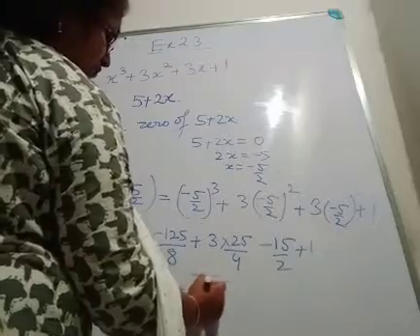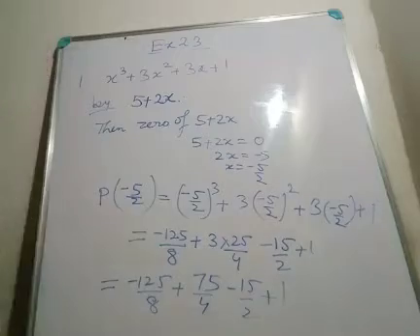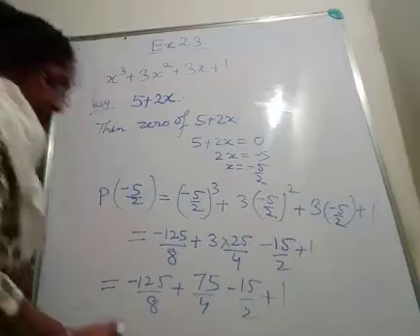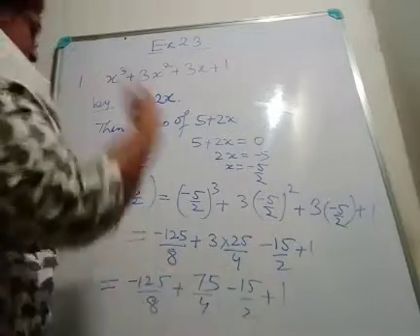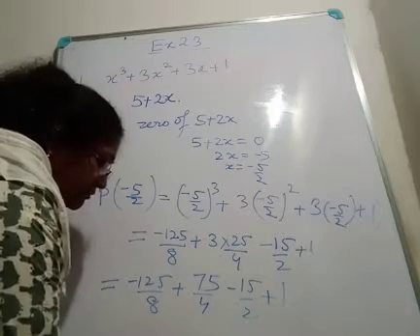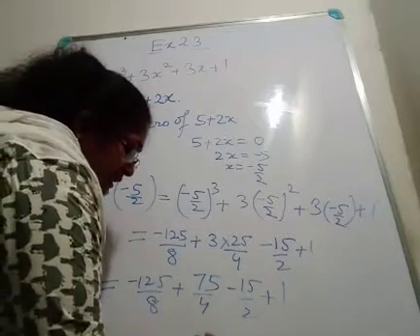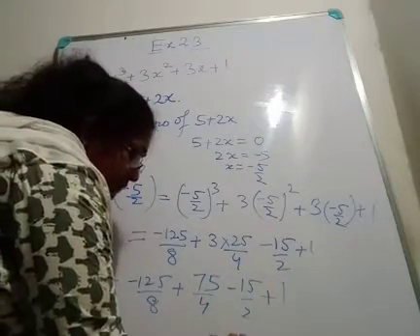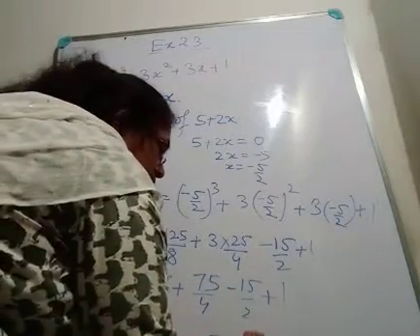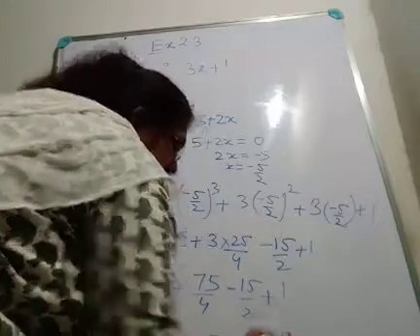3 25s are 75 by 4 minus 15 by 2 plus 1. Okay students. Eight is the LCM of 8, 4, 2. So write minus 125 plus, multiply 75 with 2, we will get 150. Multiply 15 with 4, we will get 60, and multiply 1 with 8, we will get 8.